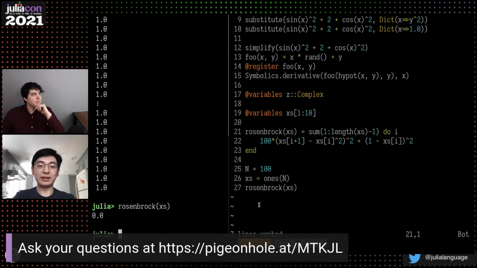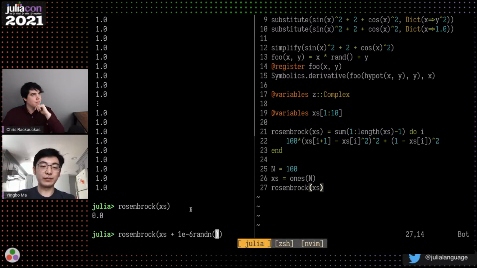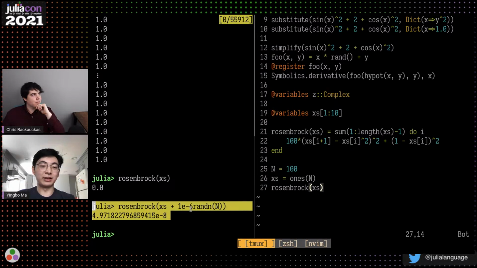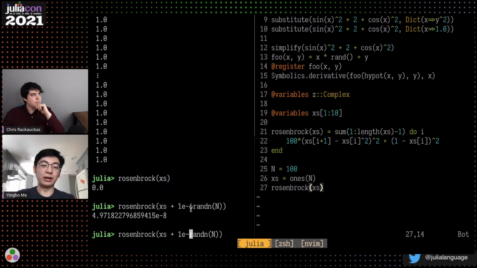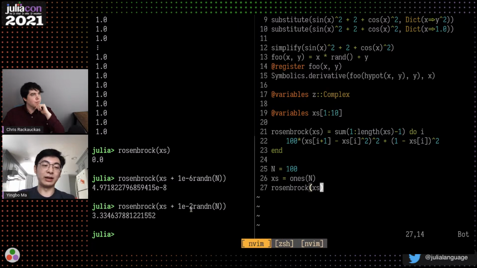Yeah, as expected, that will be 0. And then to verify this is actually a global minimum, we can perturb this variable by a little bit to verify that our implementation is correct. Yeah, as expected, that's a number that is greater than 0. If we have an even larger perturbation, the function will take an even larger value.